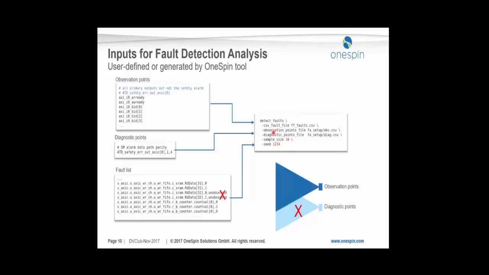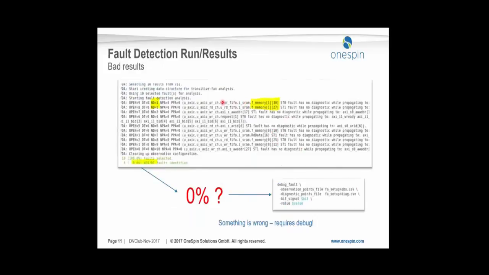And if we run that, what I did here, I took only a sample of 10 faults to speed it up. What comes out is that all the faults we injected are actually non-detected. So non-detected dangerous. So they can propagate to an observation point, but we haven't seen any diagnostic.